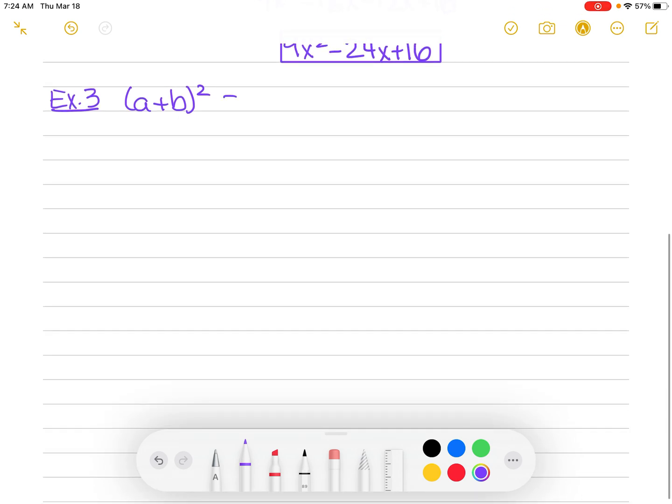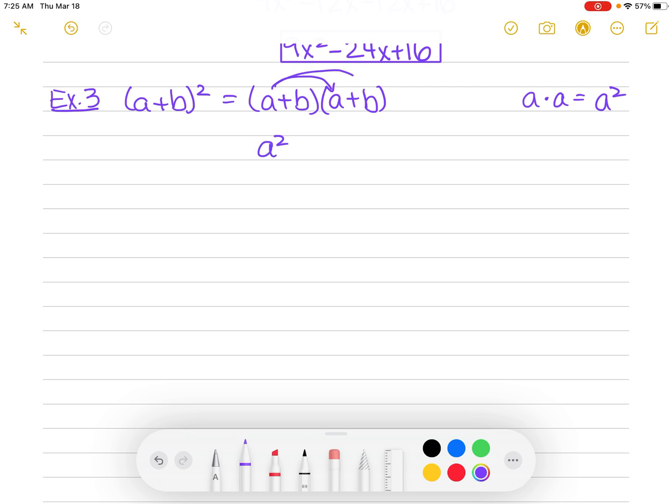Okay, now that you're back, you should have done a plus b times a plus b. I think some of y'all probably messed up on this one because there are some tricks here. So I have a times a. Remember, a times a is a squared, not 2a. So we have a squared. Then a times b is ab. Now when I come to the next one, b times a, remember to put that in alphabetical order.